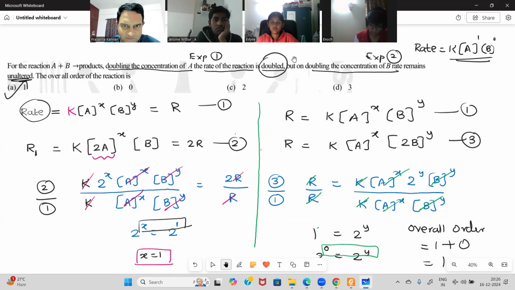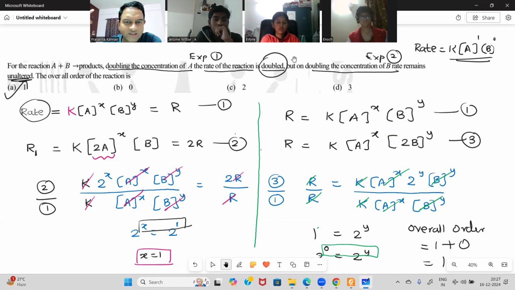Once you catch it, it's very simple. Here I'm doubling the concentration of A, and the reaction rate is doubling, which means there is a 2 on the right side. 2 power what is going to be 2, Ma? Yes, Evelyn?